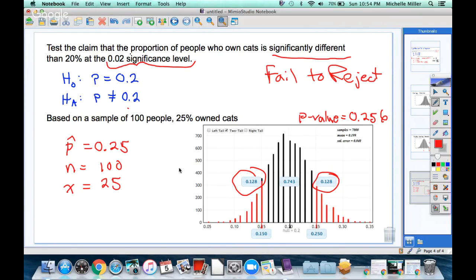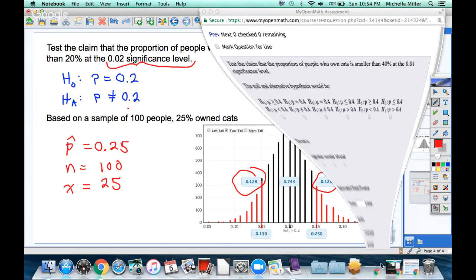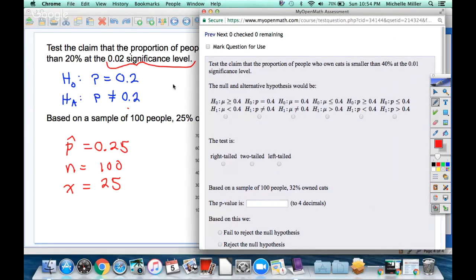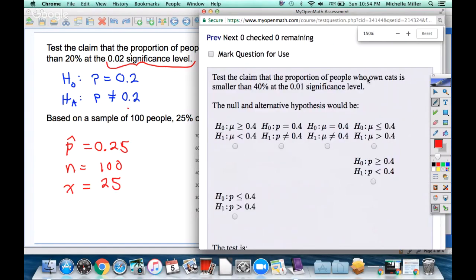Okay, so let's run a new example in StatKey. So here's a homework problem that you will likely see. So let's see, we want to test the claim that the proportion of people who own cats is smaller than 40%. And we're going to use a 1% significance level.